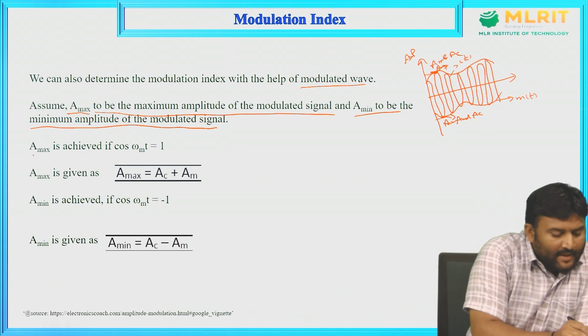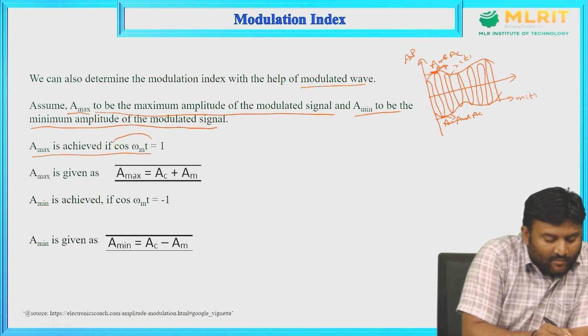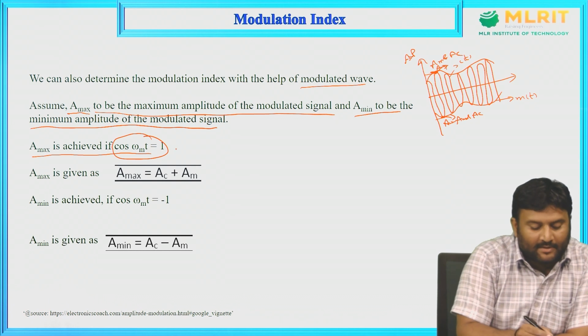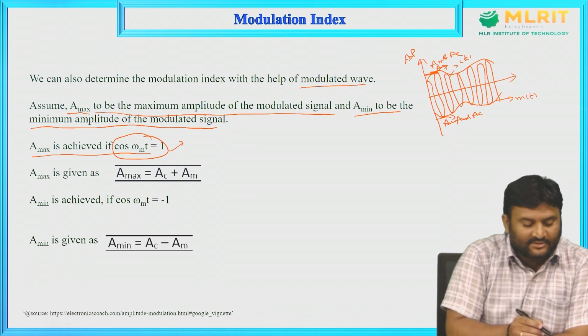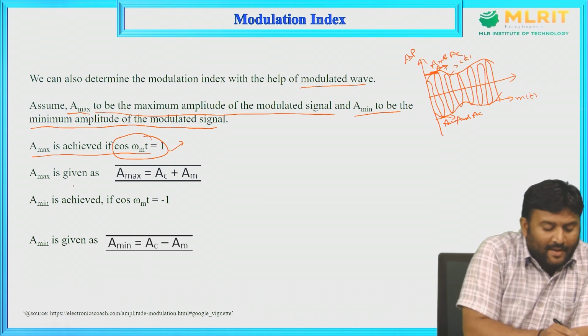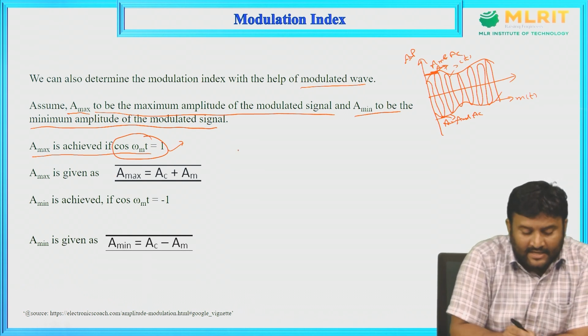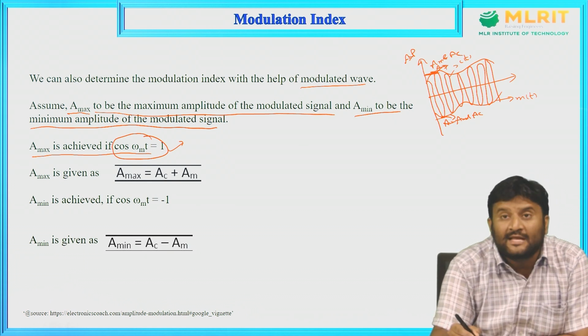Therefore, A maximum is achieved if cos omega mt is equal to 1, nothing but the maximum value. Therefore, this is the maximum voltage I am taking. A maximum is given by, what is the A maximum? Observe here, the message signal amplitude is there as well as the carrier signal amplitude.